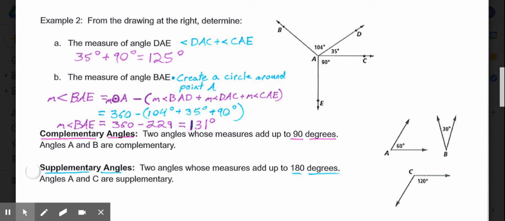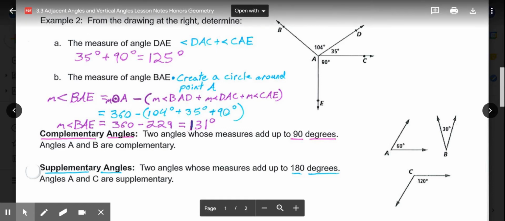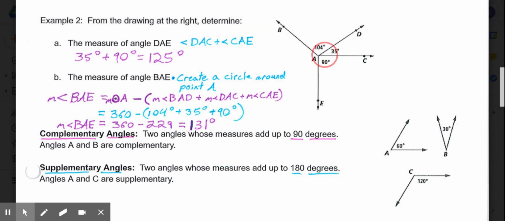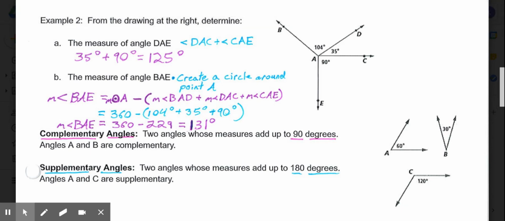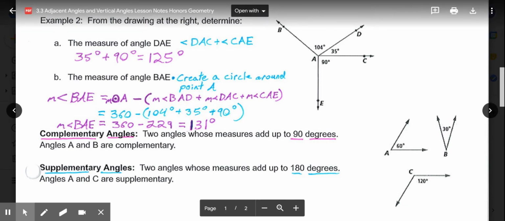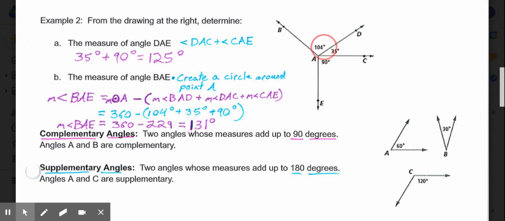Then to figure out the measure of angle BAE, if we drew a circle around this whole figure centered at point A, we know a circle is 360 degrees. So we could inscribe this image inside a circle. Then I know angle BAE is missing a measurement. The other three angles have measurements given.